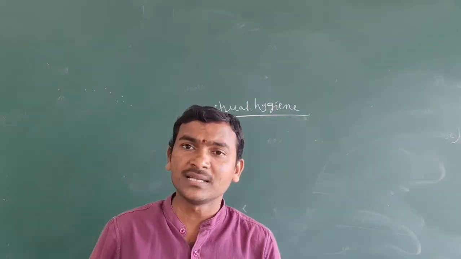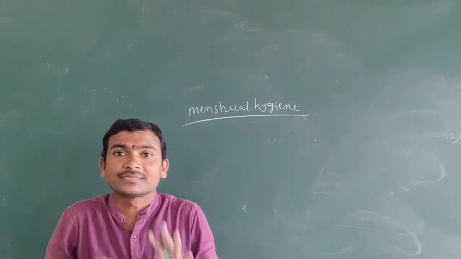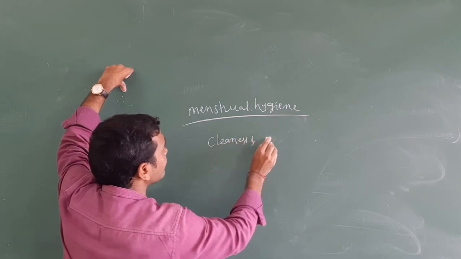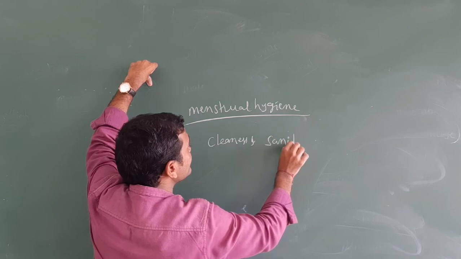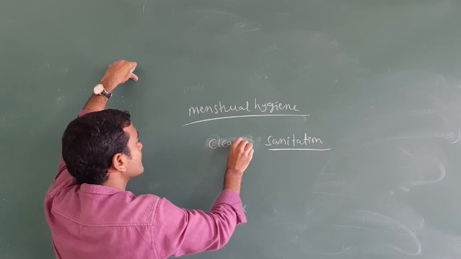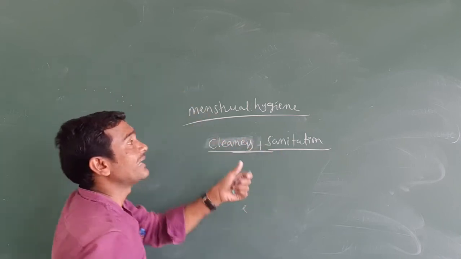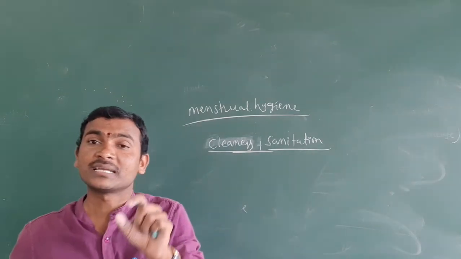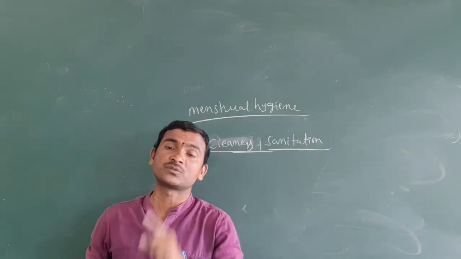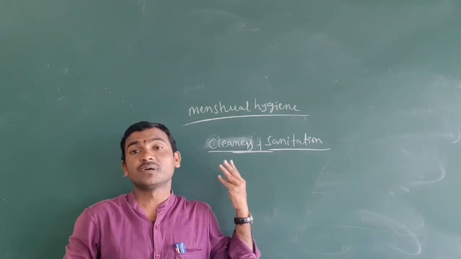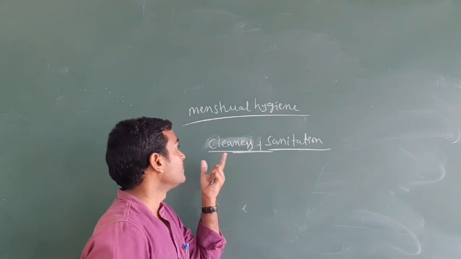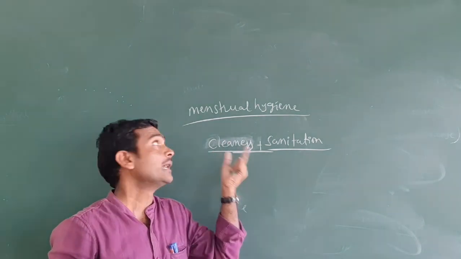It is maintaining cleanliness and sanitation in the female during the menstrual cycle. It is one of the very important tasks during the menstrual period. During this period we have to use homemade pads and try to maintain cleanliness. This is one of the very important things about menstrual hygiene.